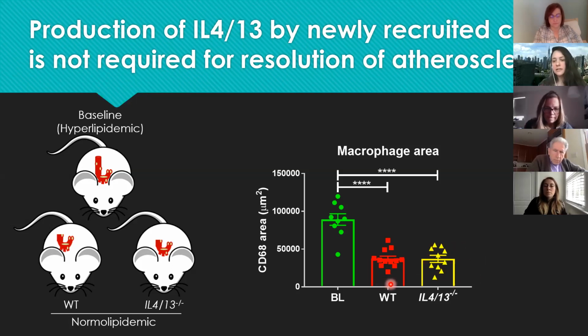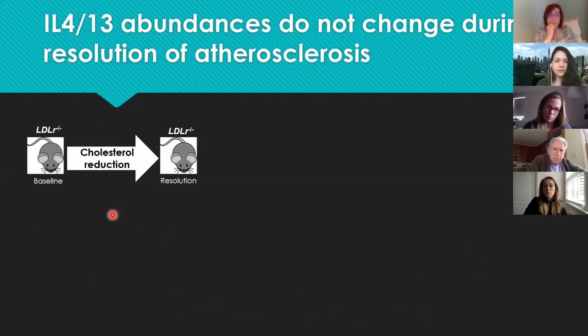So IL-4/13 is not needed in the newly recruited cells, but actually in the cells that already reside in the plaque during the progression. Now, to see if there is more production of IL-4 and 13 in resolving plaques, we again did a regression model in vivo, and we scraped the plaques carefully and measured by ELISA the amount of these cytokines.